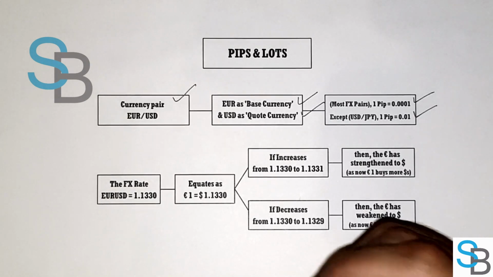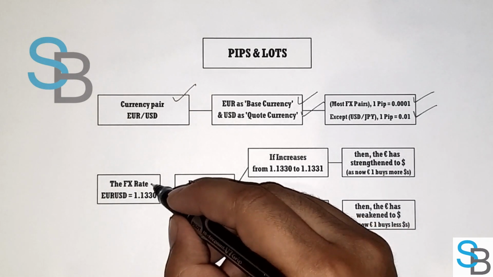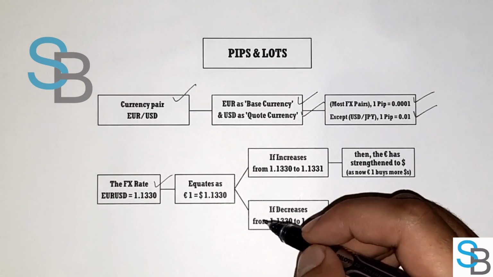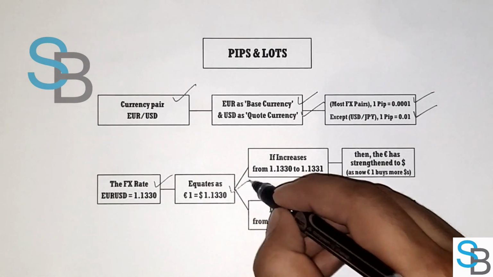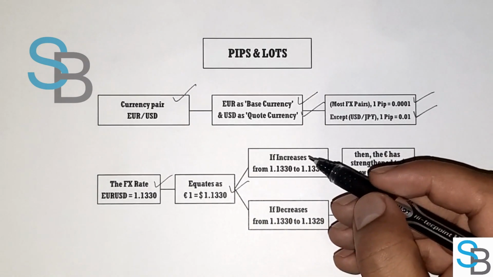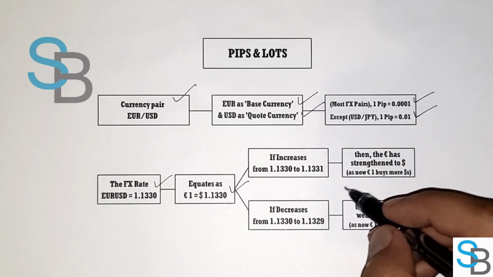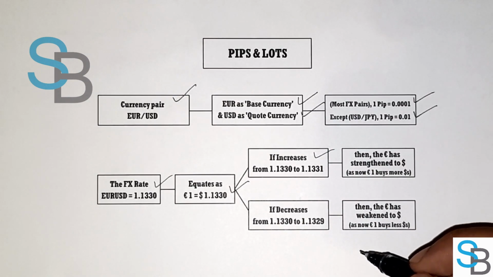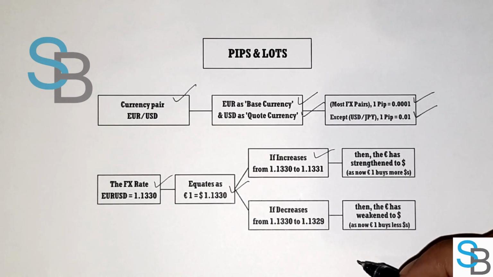When you see a Forex rate such as Euro-USD equals 1.1330, all this means is that you can buy $1.1330 with 1 euro. Let's say the Euro-USD increases by 1 pip from 1.1330 to 1.1331.